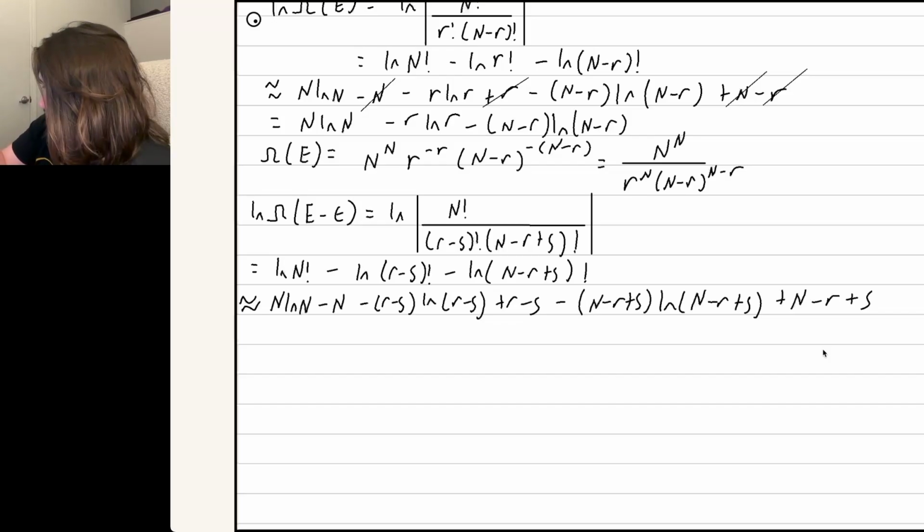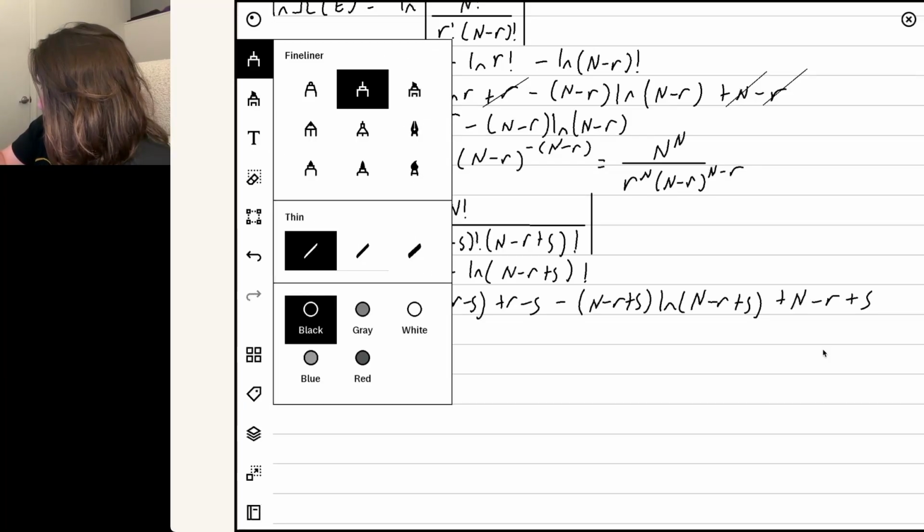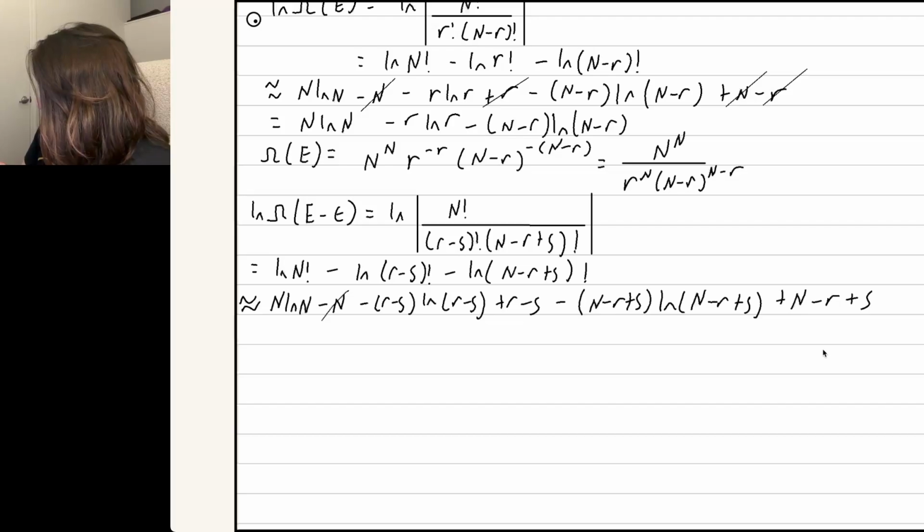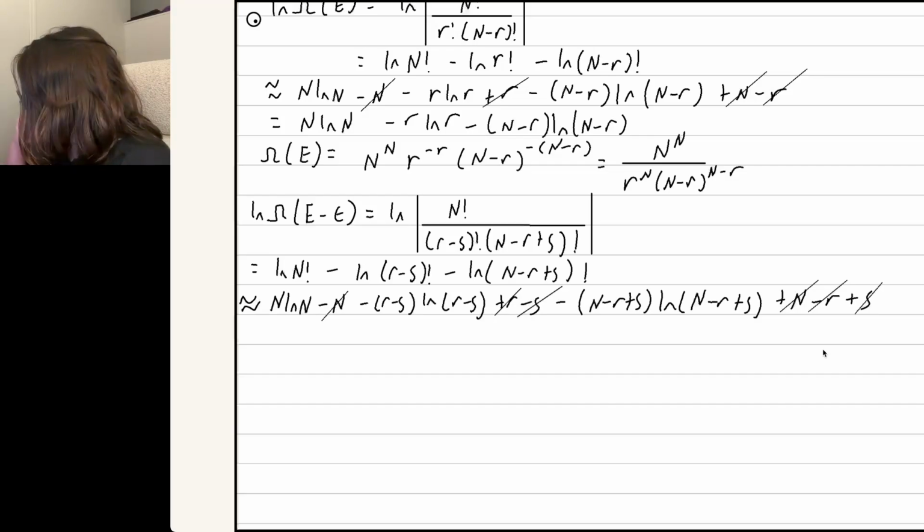Cool. Again, the linear terms by themselves will cancel out. So negative n cancels out positive n, positive r cancels out negative r, negative s cancels out positive s, and you're just left with the natural log terms.